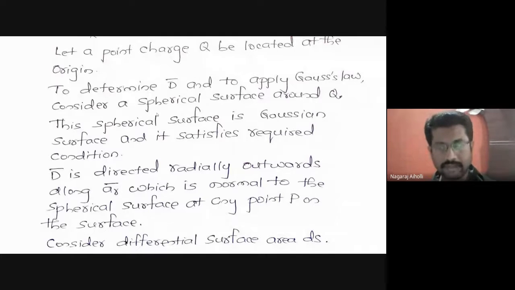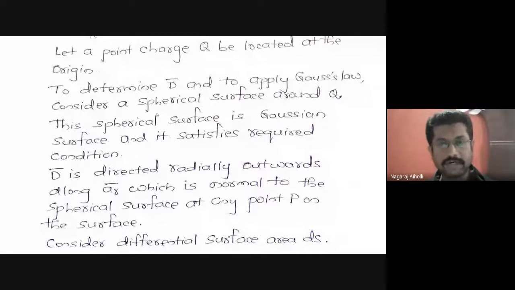This spherical surface is the Gaussian surface, and it satisfies the required condition. What is the required condition? The flux density should be normal to the surface, and that condition is satisfied by the spherical surface.